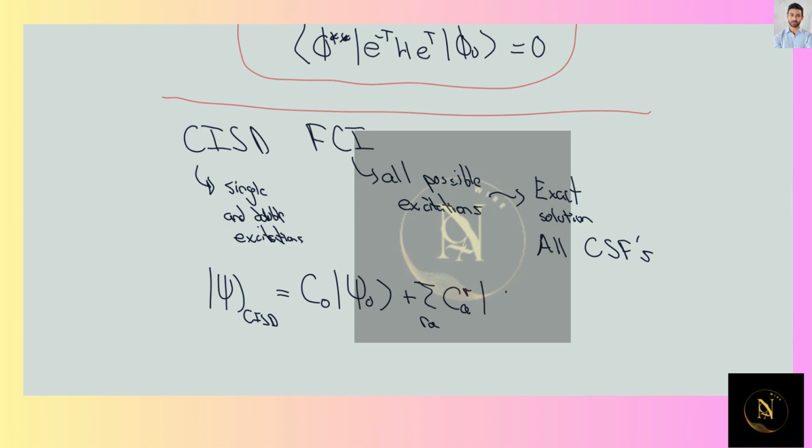In this case, we're going to label this wave function as phi_a^r, plus the sum of C_rs^ab, which is going to be phi_ab^rs. So these are going to be singly excited Slater determinants, and these are going to be doubly excited.